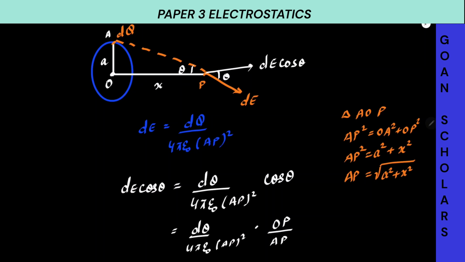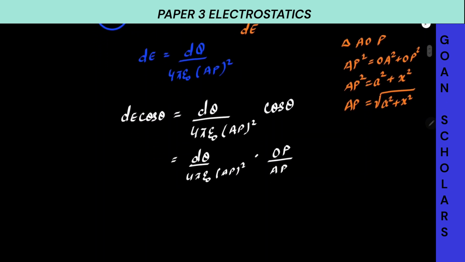Let's substitute here these values. So this will give us the total electric field. That will be E, which is equal to integration of dE cos theta. We have to find it due to all the charges, not only due to dq.